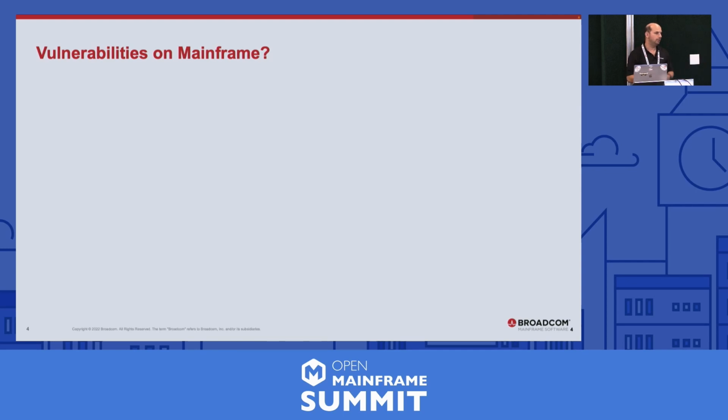The application development on the platform is not what it used to be 25, 30 years ago. John talked about it at his keynote today, right? We have Java applications running on the platform. We have a lot of open source and increasing usage of open source on the platform.